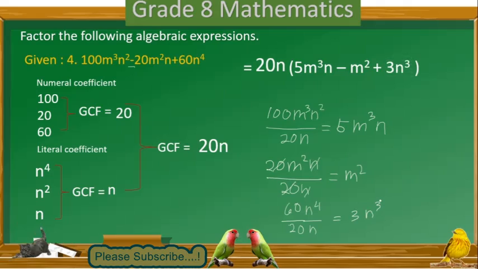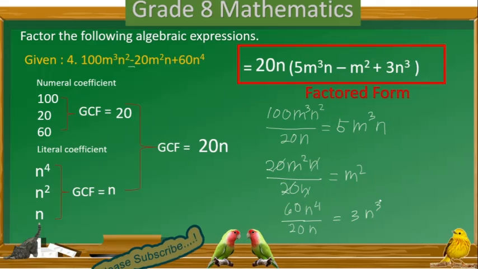So that is our final quotient of the given expression. So this is now our factored form of the given expression: 20n times quantity 5m cubed n minus m squared plus 3n cubed.